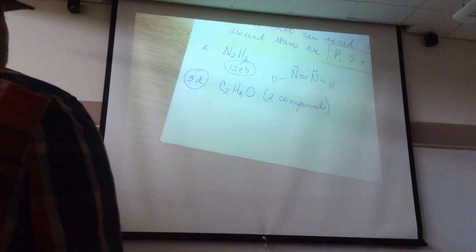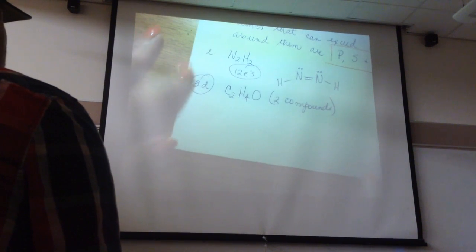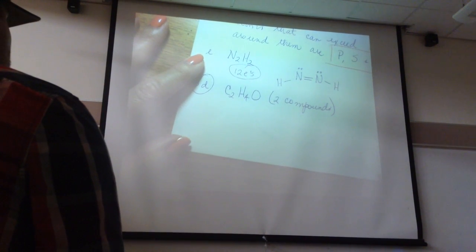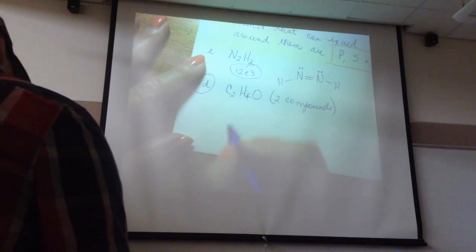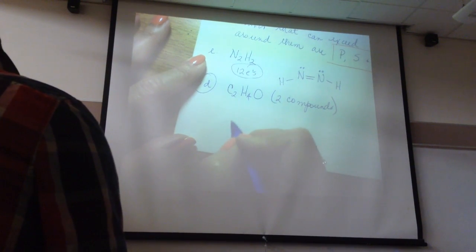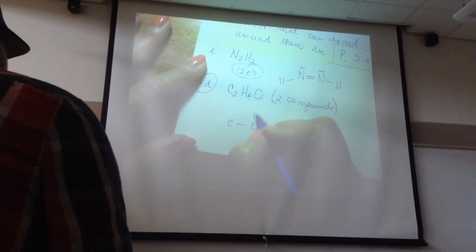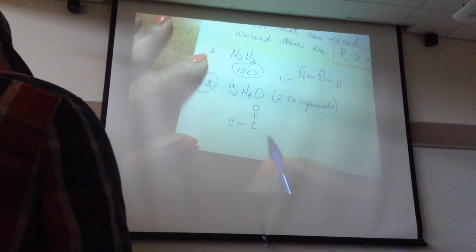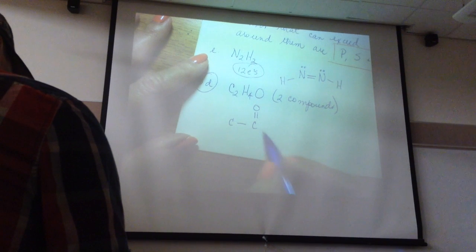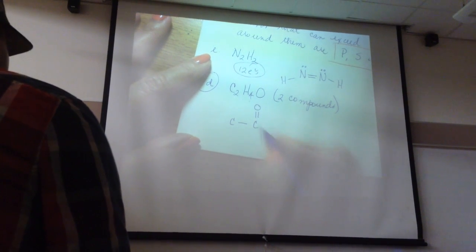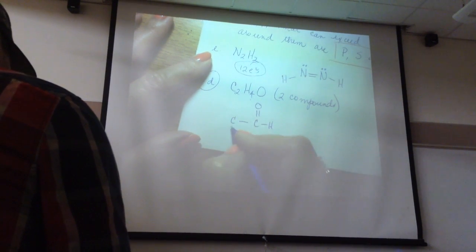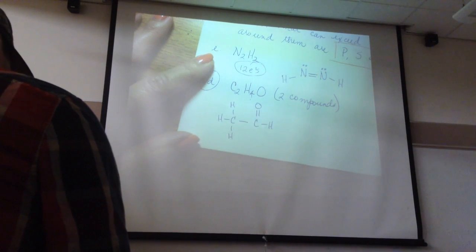Everybody sees that? So I know I'm going to need to have a double bond. So I think the only way I can do this is if I have a double bond to one oxygen. If I put a double bond to one oxygen, I have 4 hydrogens remaining. That will be 1, 2, 3, 4.